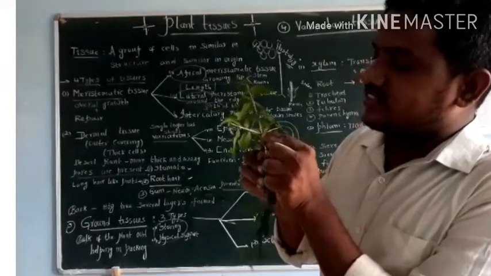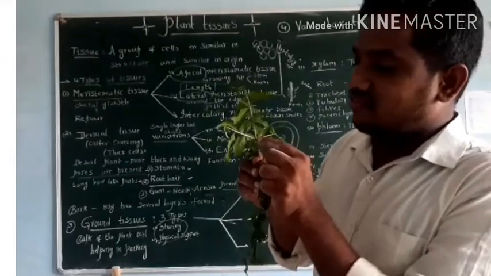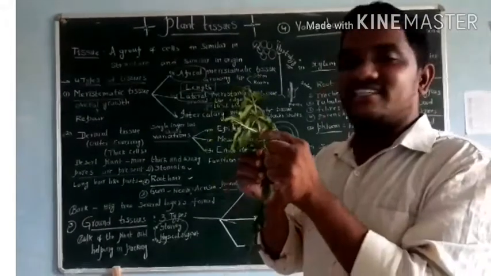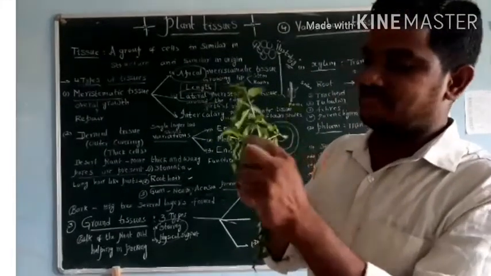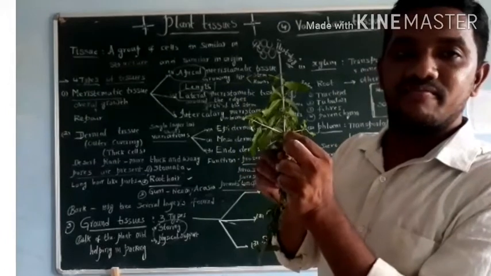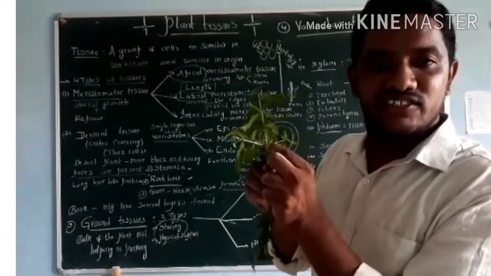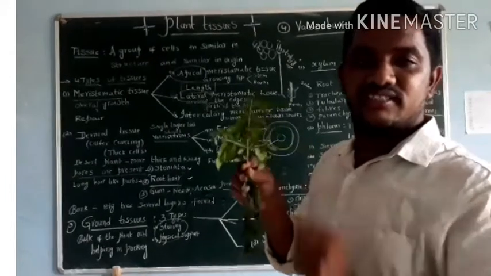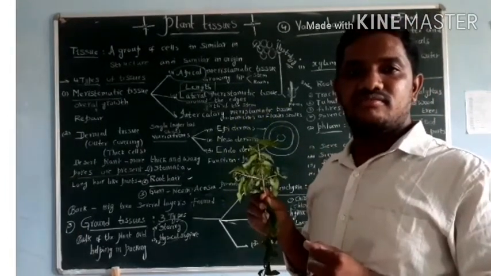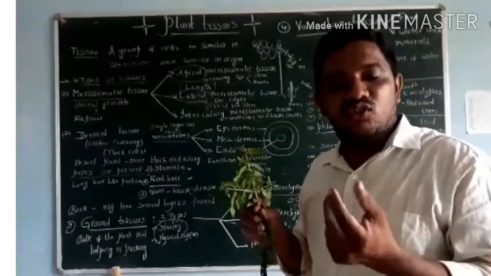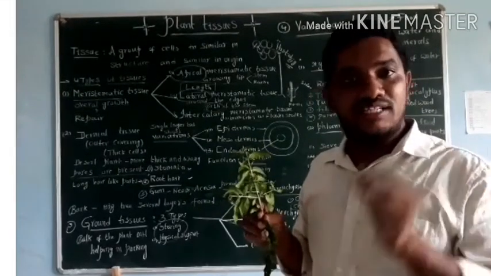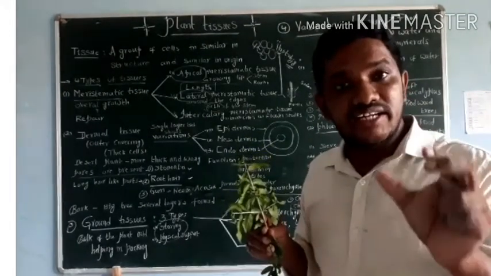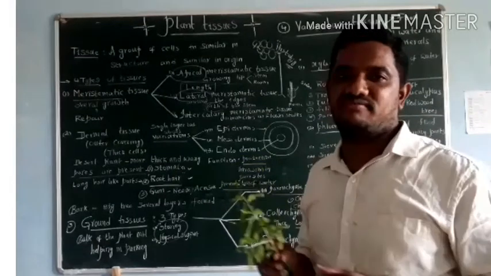Intercalary meristematic tissues are present where the branches of the plant are arranged, and where flower stalks arise.